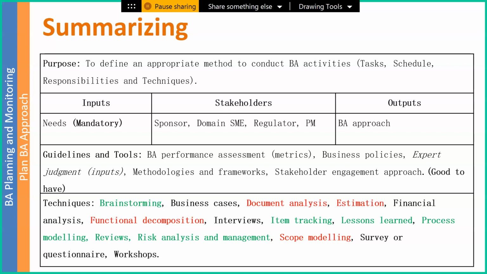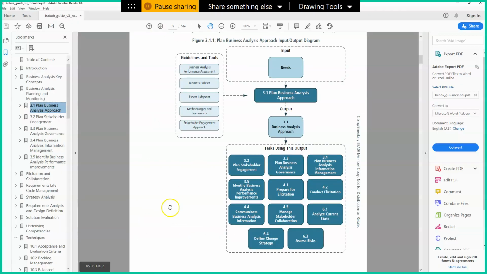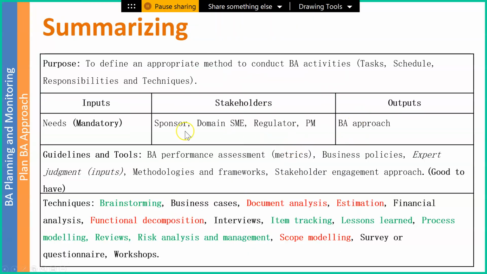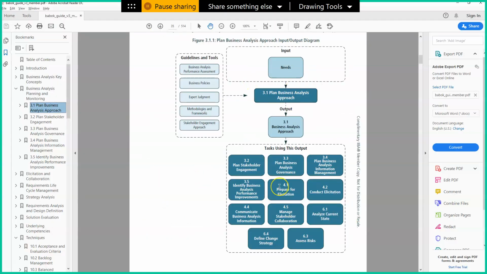That's just scientific structure. But what I love about this summary slide is that it lists what techniques are involved in this knowledge area, in this task. When you're studying, I would study this and this from a memorization perspective. Yes, Caleb, I will do that. You will hear me talk about it off and on throughout training.